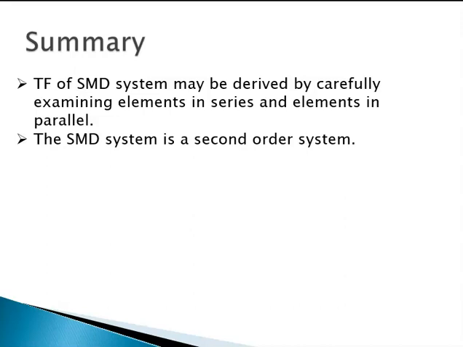Each spring contributes a term k. Correspondingly, when they are in series, you sum the reciprocals and take the reciprocal of that. If they are in parallel, you will just sum them to find the effective impedance and write the transfer function. The assembly system is a second order system because the s square term is appearing in there.